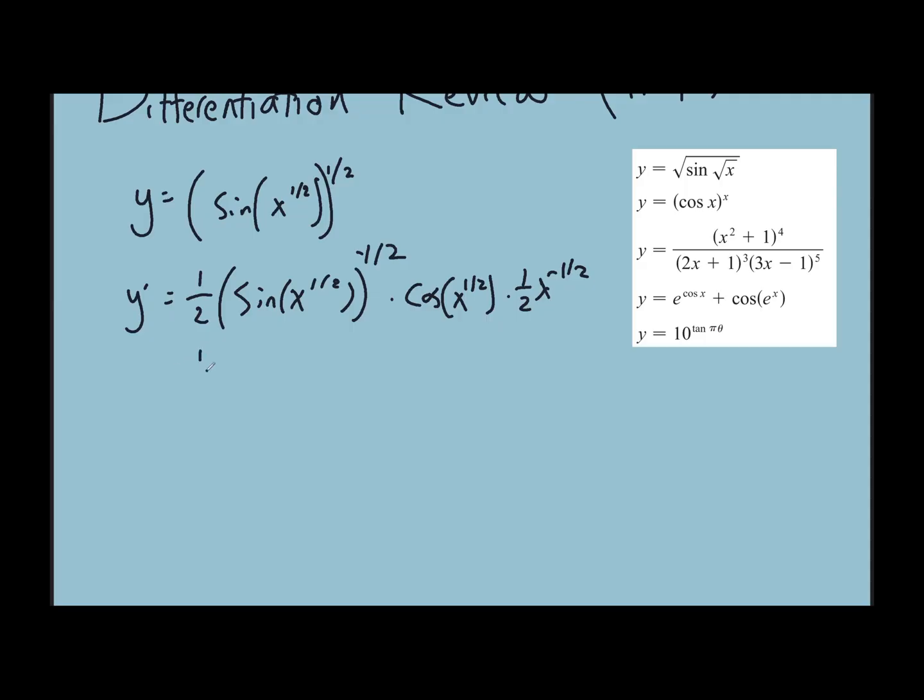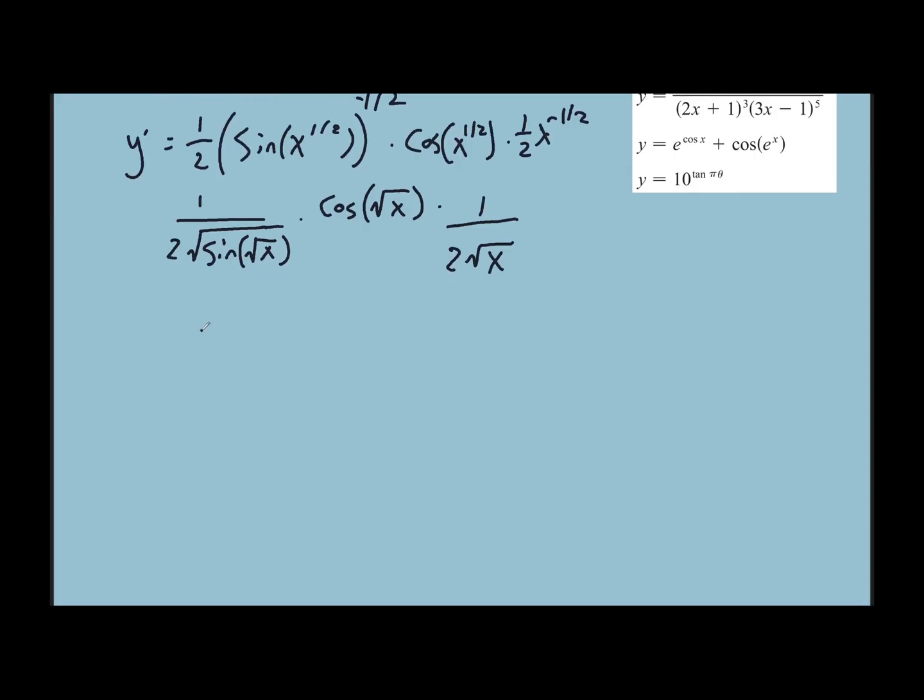So we're going to get 1 over 2 root sine of root x, times cosine of root x, times 1 over 2 root x, I think, like that.